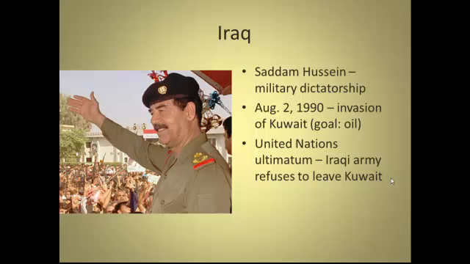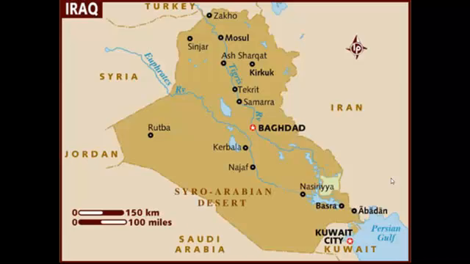But on August 2nd of 1990, he decided to take his army and invade the nation of Kuwait. His goal for this invasion was to basically gain access to Kuwait's oil. After the invasion, the United Nations gave an ultimatum to the Iraqi army and told them to leave Kuwait or face consequences. Saddam Hussein refused to leave Kuwait, and those consequences would come.